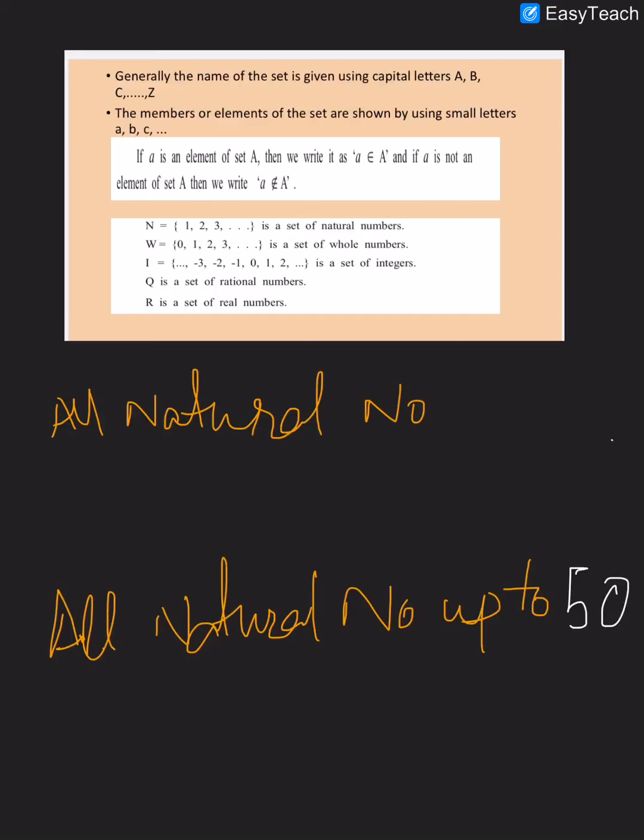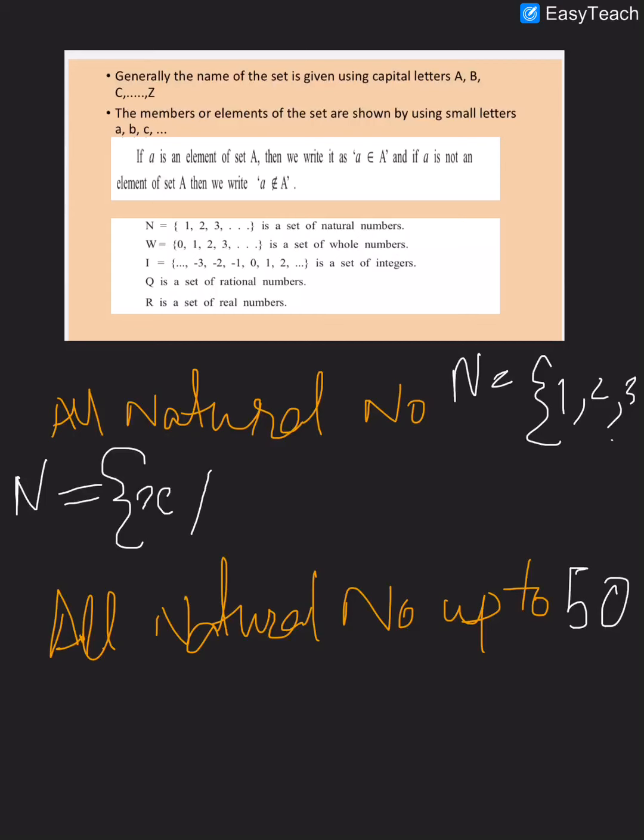How will we write the set of natural numbers using the roster method and the set builder method? In the roster method we simply write N equals, within curly brackets, 1, 2, 3, etc. In the set builder method, we represent it using a variable x and write the condition such that x belongs to N. X belongs to N means all the numbers in this set will be natural numbers.